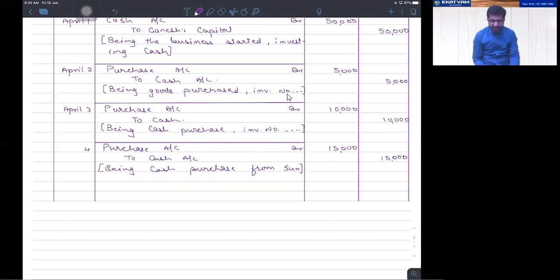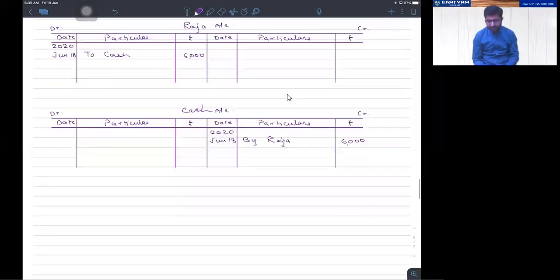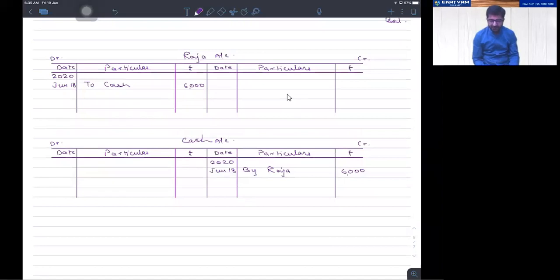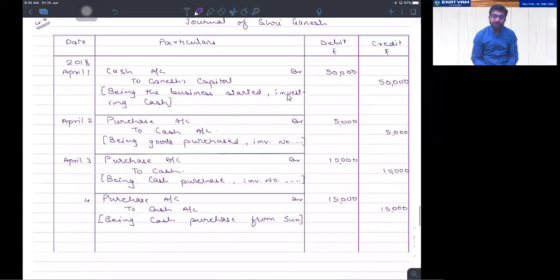And then the way we did the posting here into the two accounts, likewise for every transaction, you'll be doing the posting to those respective accounts. But mind it, my dear friends, in this particular case, if you could observe, there are three different purchases for cash. So in the three different journal entries, you have got purchase account and cash account getting affected again and again. So we will not be preparing a separate purchase account for each transaction. Multiple transactions are clubbed together into a single account.